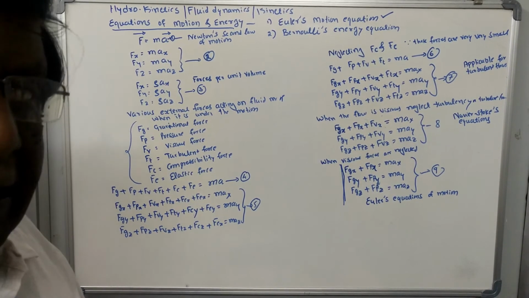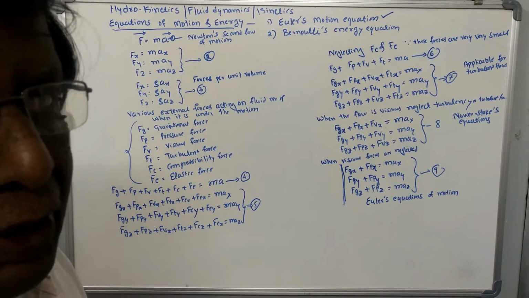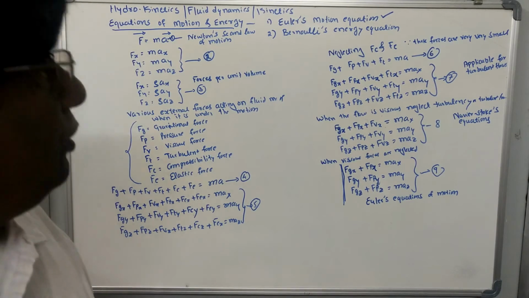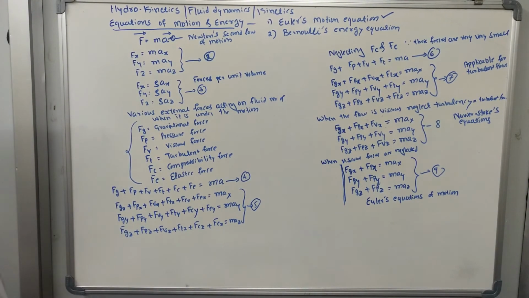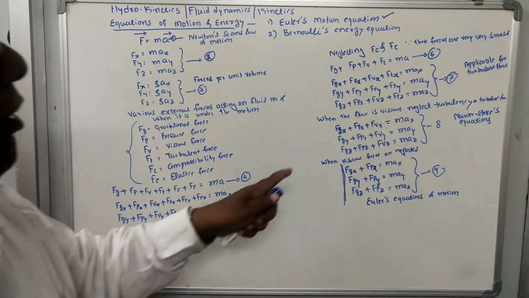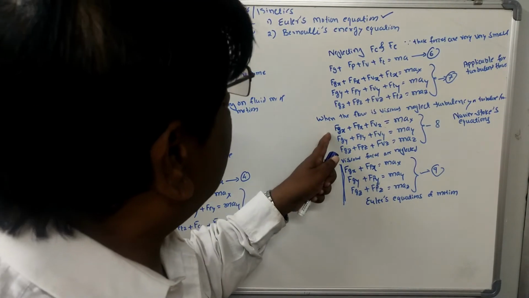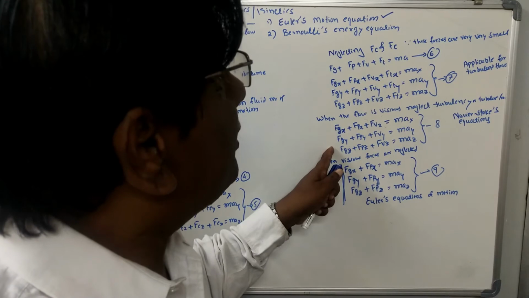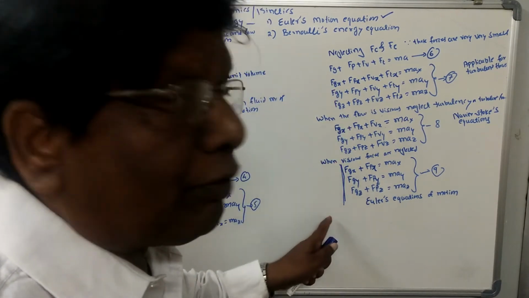Neglecting the effect of turbulence, you have only three external forces, that is the gravitational, pressure, and viscous forces. This set of equations is called the Navier-Stokes equations. These are all the motion equations.